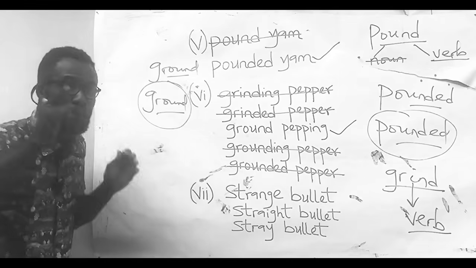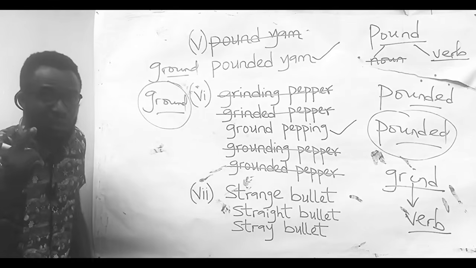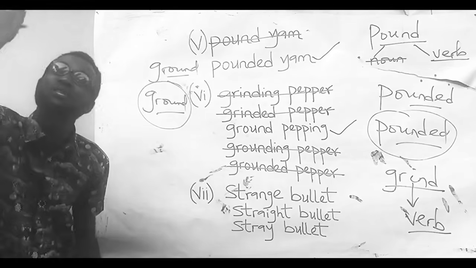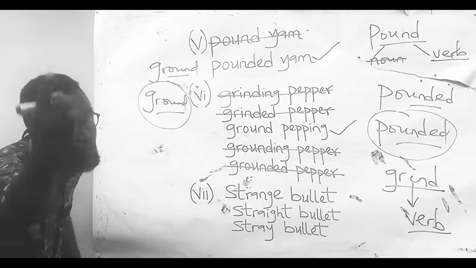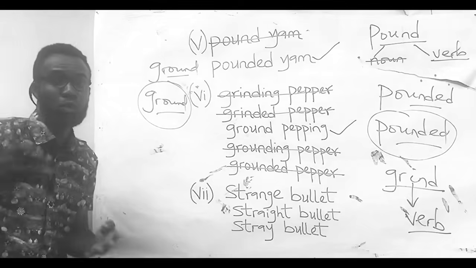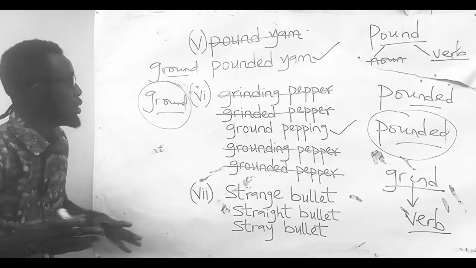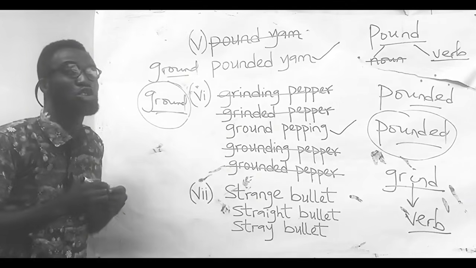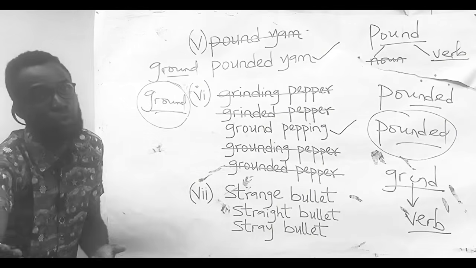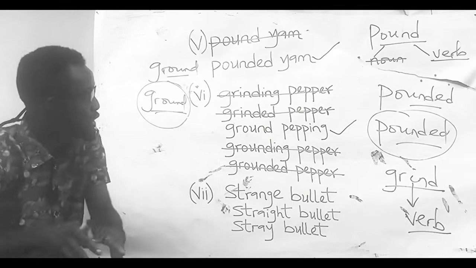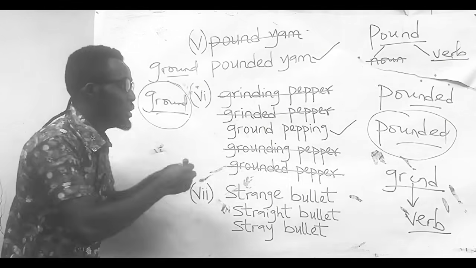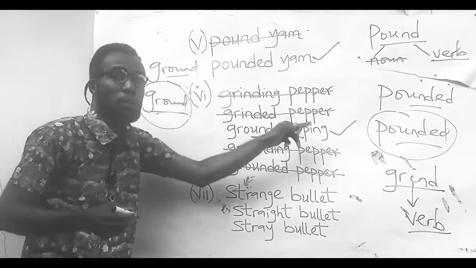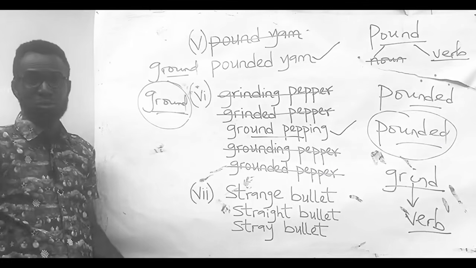You will agree with me that the past participle of grind is ground. That is why pepper that has been reduced to small particles or powder by crushing it is called ground pepper. I believe that is understood.